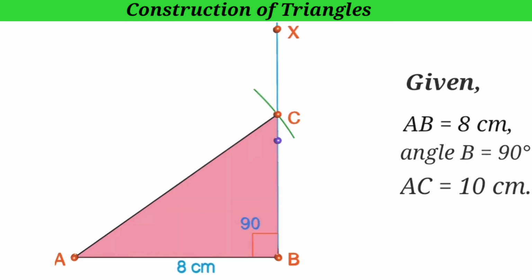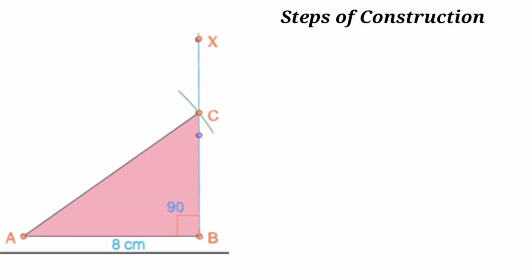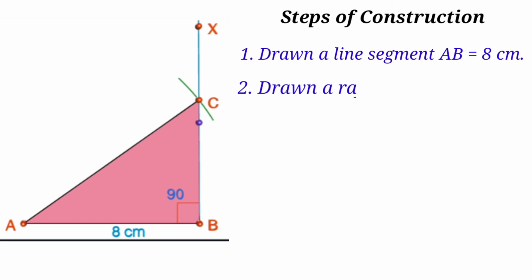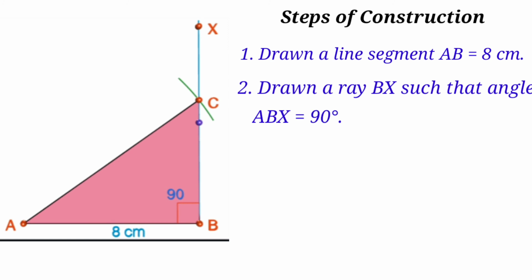So next, now we have to write the steps of construction. So see student, how can we write the steps of construction? So first step, what we have done: drawn a line segment AB equal to 8 centimeters. This is the first step. Next, second one: drawn a ray BX such that angle ABX is equal to 90 degrees.